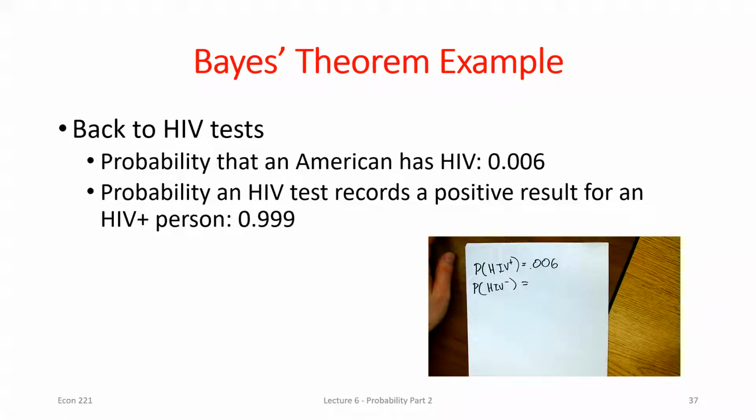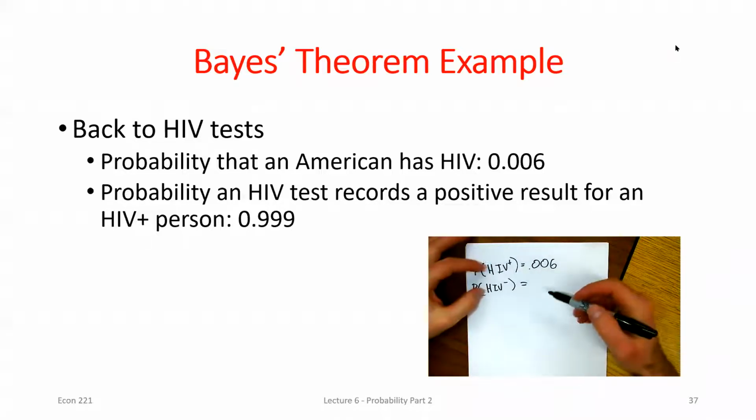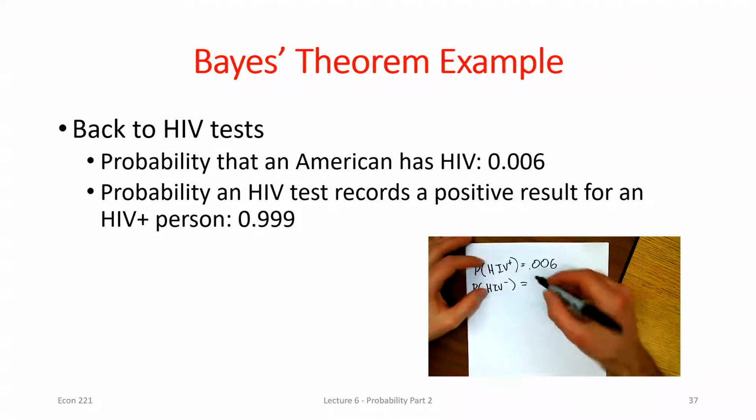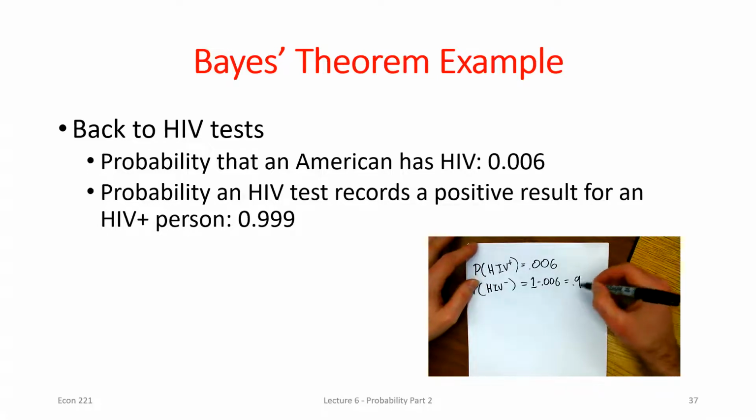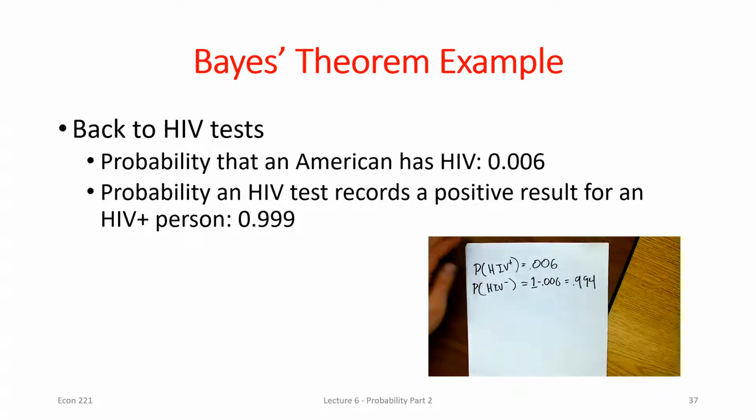It's the two states of nature. We know those probabilities have to add up to 1. So I could just subtract the probability of being HIV positive from 1 and get the probability that they're HIV negative.